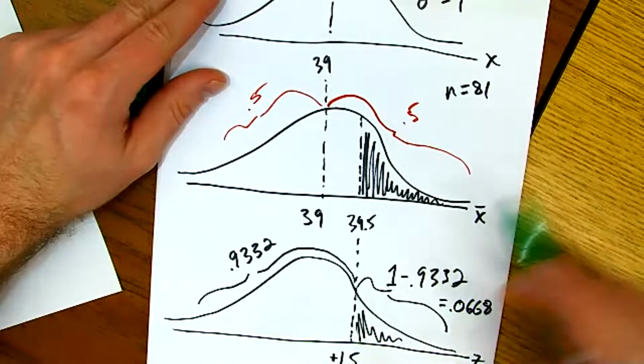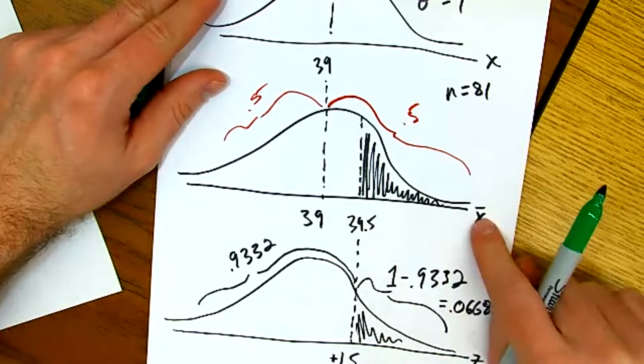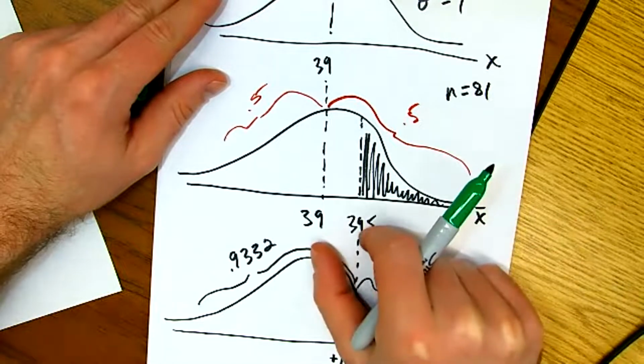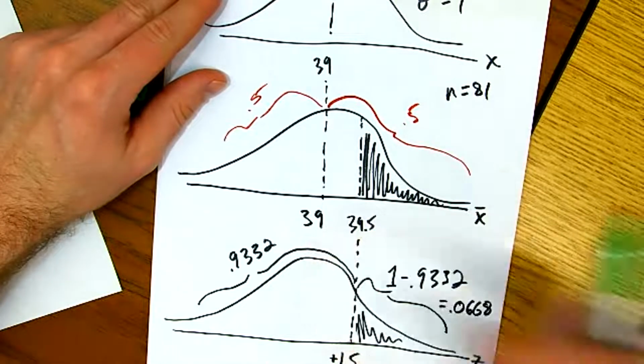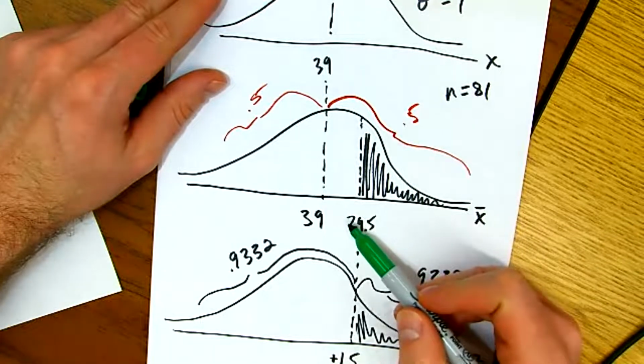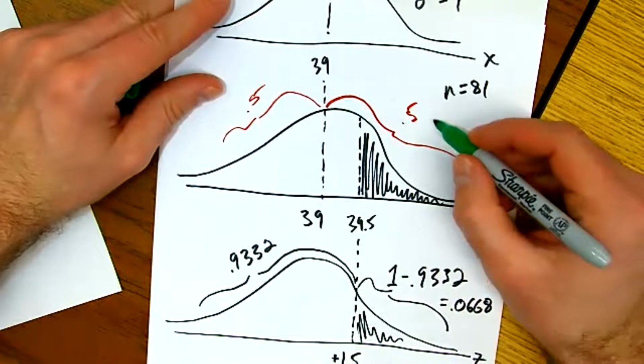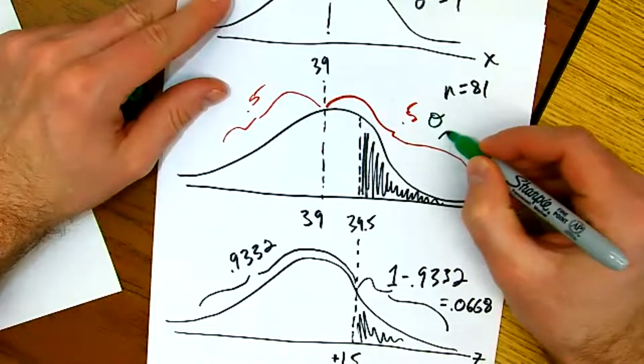So even though the distance between the mean and the value I'm interested in for this sample mean isn't very far, if my standard deviation is small, that's going to be a lot of standard deviations away.